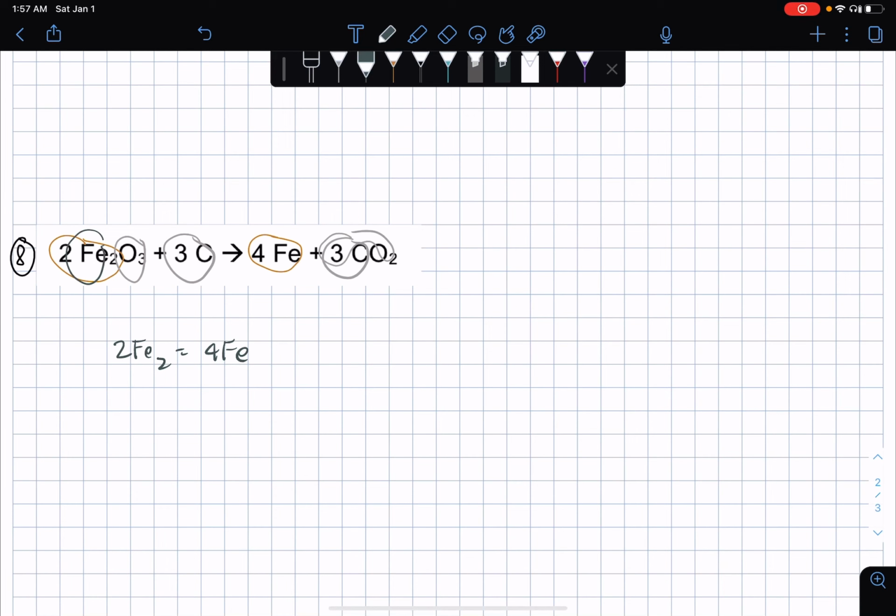Well, 4Fe used to hang out with O sub 3, but now O sub 3 hangs out with 3C. Therefore, 4Fe became single. There's nothing to put with it together. So this is considered a single displacement reaction.